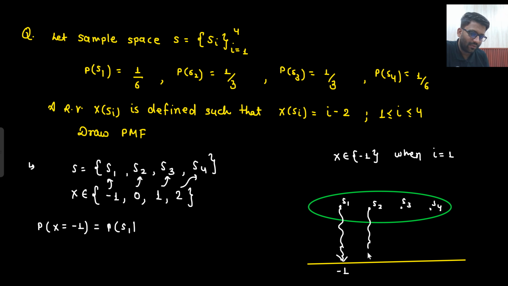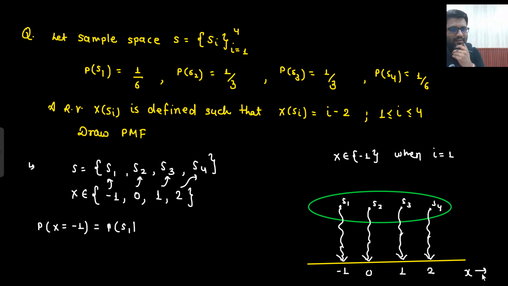This has been mapped to 0, 2 minus 2 will be 0. This has been mapped to 3 minus 2, 1, and this has been mapped to 4 minus 2, 2. So these are the values of small x, you can say, right?